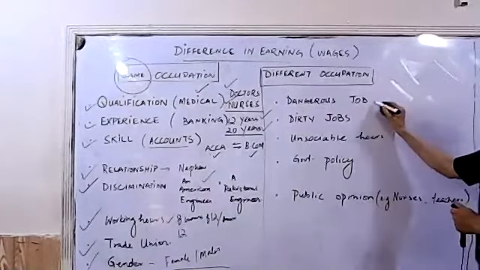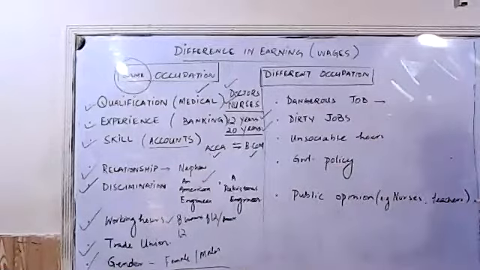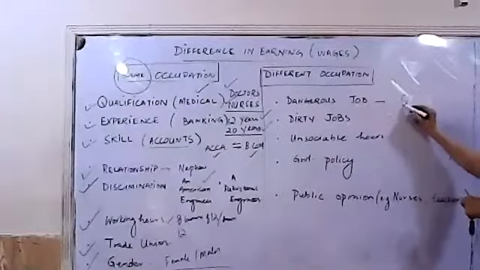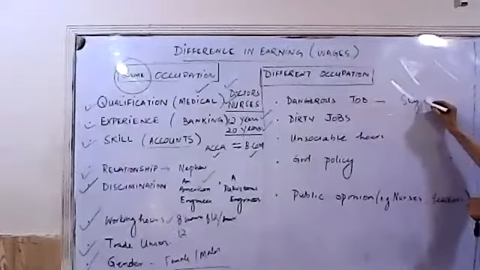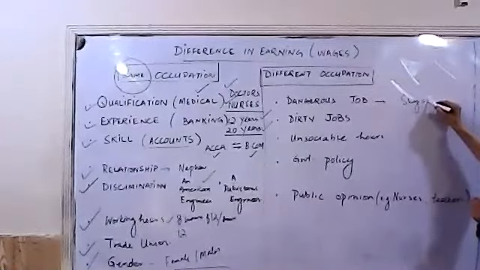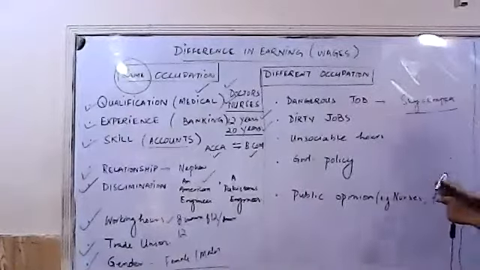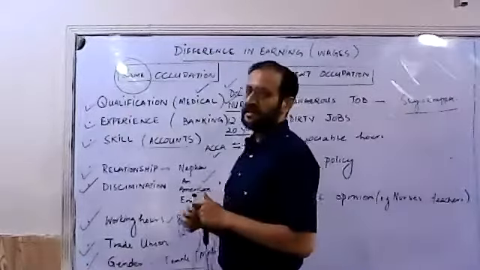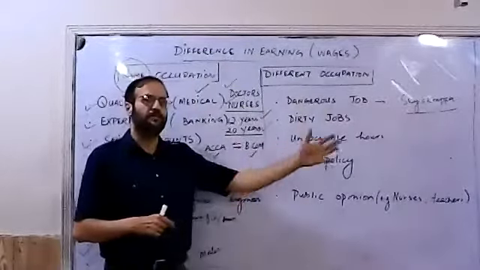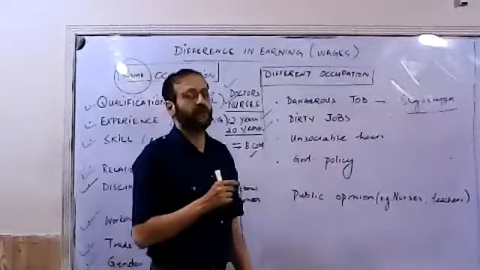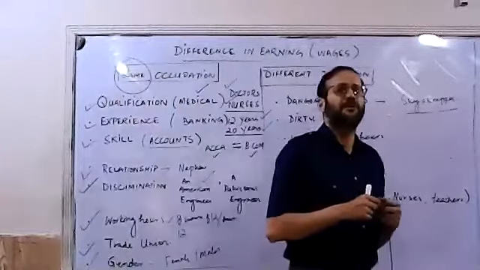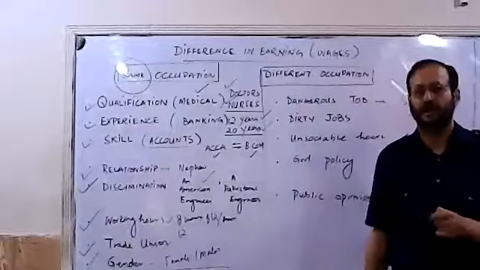If I talk about some dangerous jobs, there are plenty of examples, like skyscrapers. You can see very large and tall buildings. They are very difficult to make and there is a high risk of losing life.